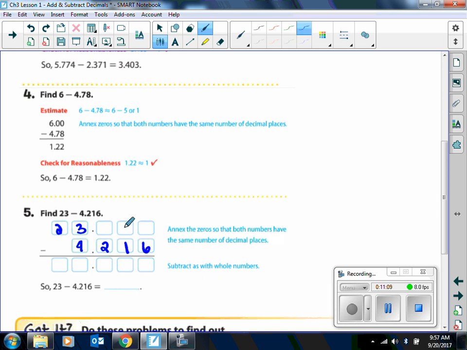Now, because I have nothing up here to subtract the 2 and 1 and 6 from, then I need to annex those zeros. So I need to put zeros in there. Is everybody with me so far? Everybody good? All right. So now we can subtract like normal.